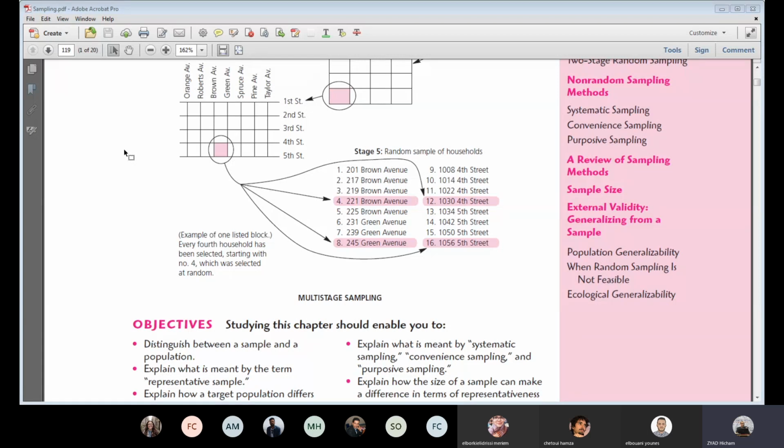And therefore, most of the time, this kind of sampling is suitable when you want to do research in a particular school. Suppose you want to do research at a university.